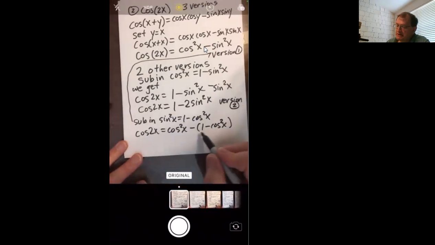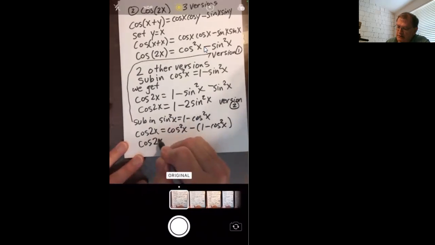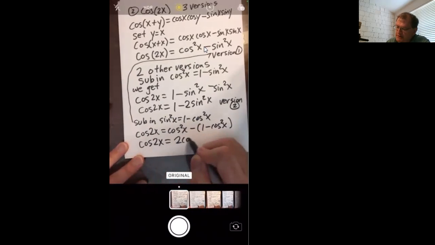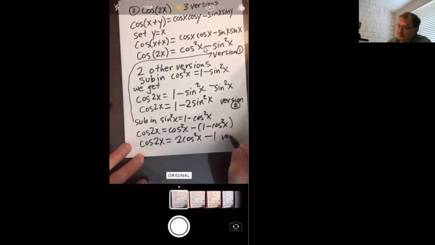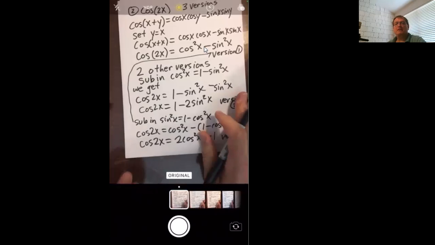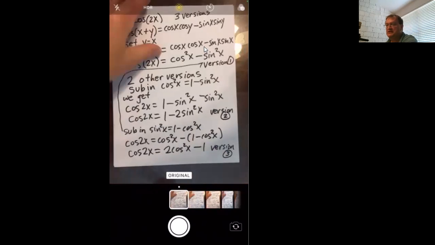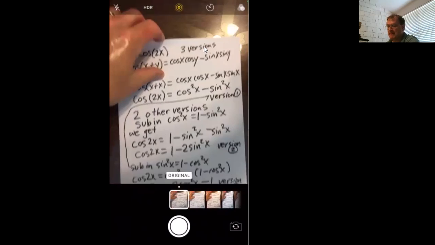I don't know if you can see the distribute, you get a minus 1 and minus a negative, so that's a plus. So cosine squared there minus negative cosine squared. Speed it up a little bit. That's twice the cosine squared minus 1. Version 3. Let me summarize so far. This is a lot of gibberish.